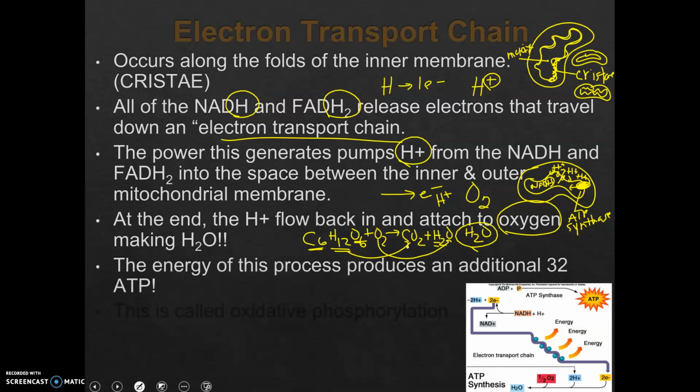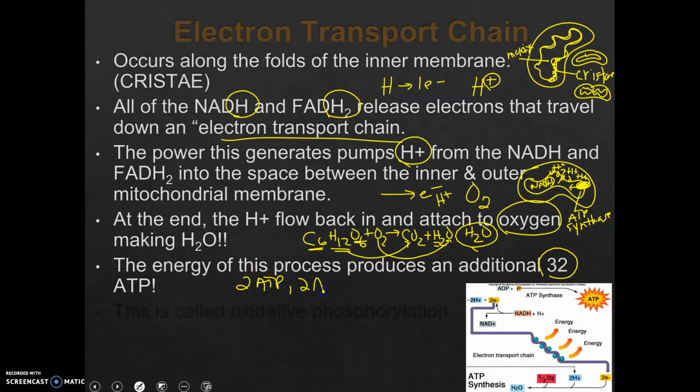So this is going to make approximately, some books will say 34. It's a little nuanced there. It has to do with transporting electrons from glycolysis. But for our class, we're going to probably just stick with 32 additional ATP, meaning we don't make a total of 32 ATP in cell respiration. We make 32 more. We already made 2 net in glycolysis.